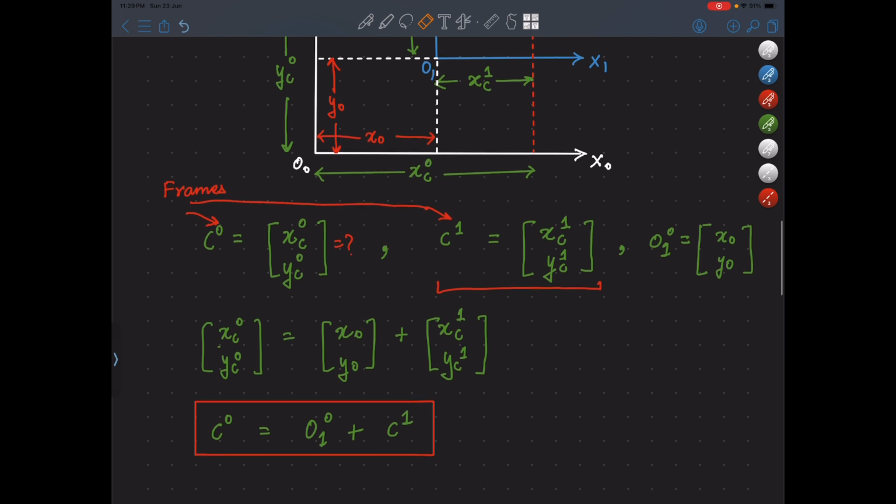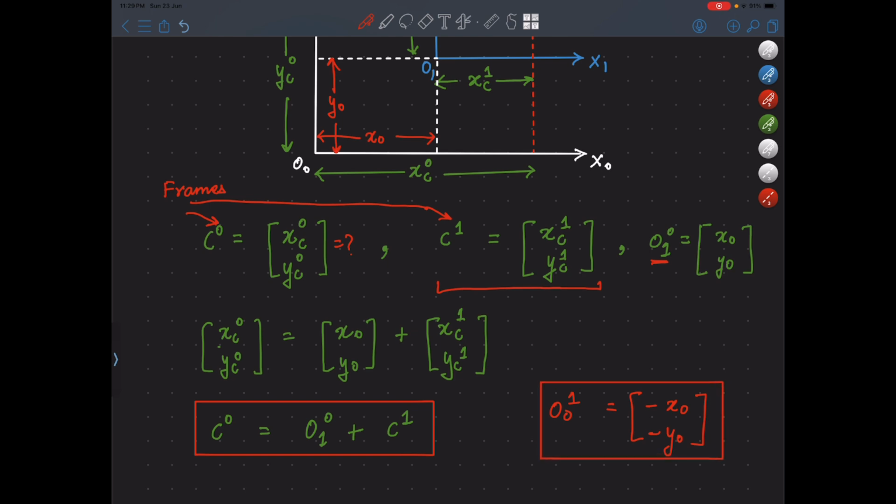One more thing. You know what O1 naught is, right? What is O naught 1? Basically the coordinates of O0 with respect to the coordinate frame 1. It's easy to see that it's minus x naught and minus y naught. So if you change the order of the frames, the values take a negative sign. This is just a result that you should remember.